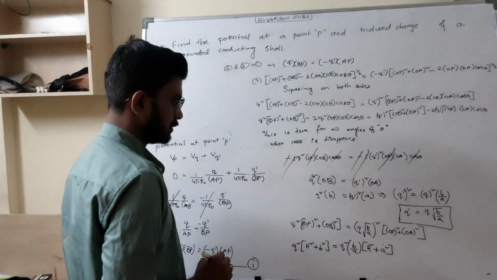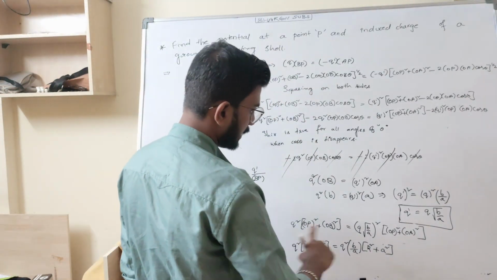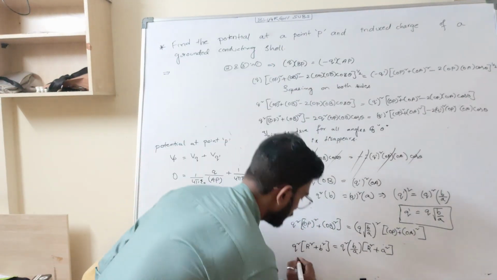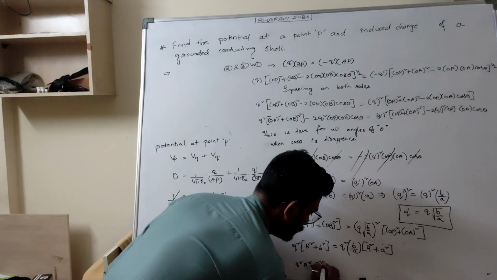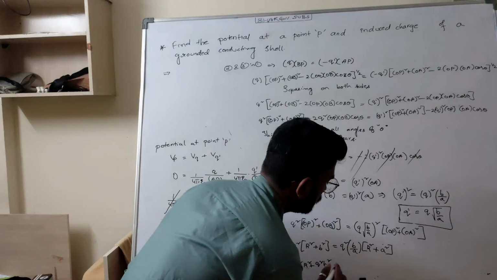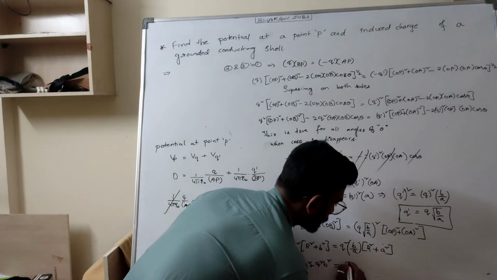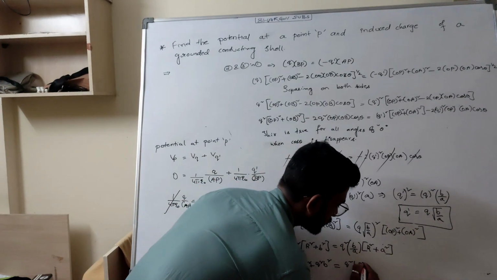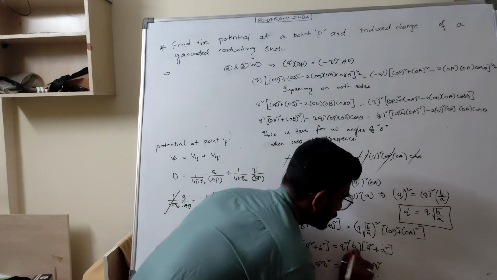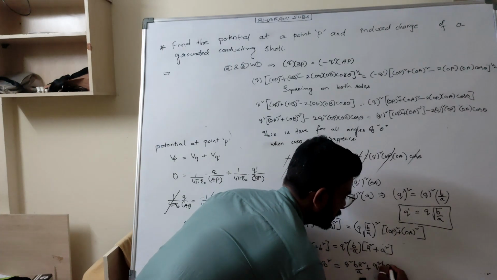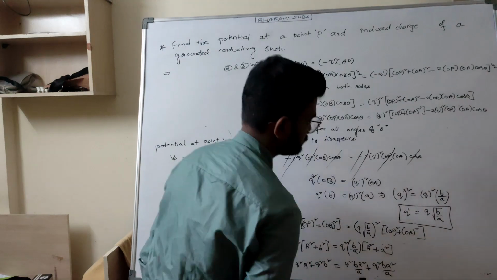Okay, so I am multiplying all the terms here. So q square into r square plus q square into b square is equal to q square into b r square by a plus q square into b a square by a.